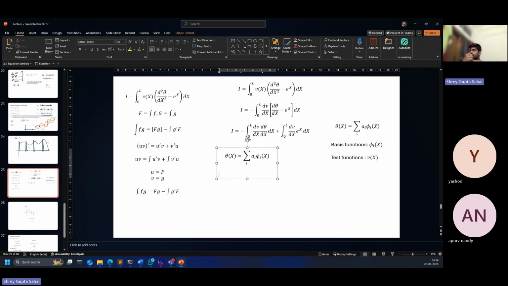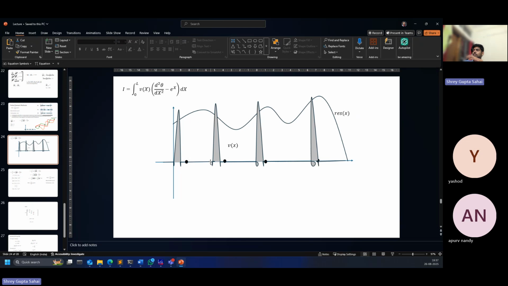The way to do it is first realizing that in this picture, we don't need to integrate over the entire volume. We only integrate over small volumes.